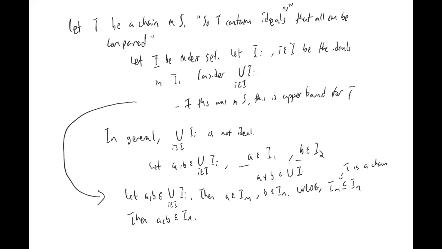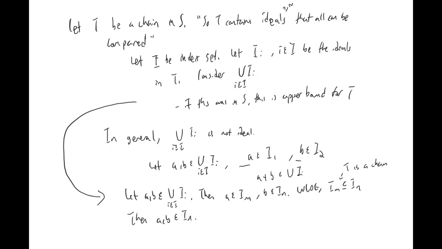Is there something you're confused with, Jacqueline? We're proving the union is an ideal in this case, because S is the set of ideals that contain N. So we need to show this union is an ideal, because an upper bound by definition has to be an element in S. Do you all agree up to here?